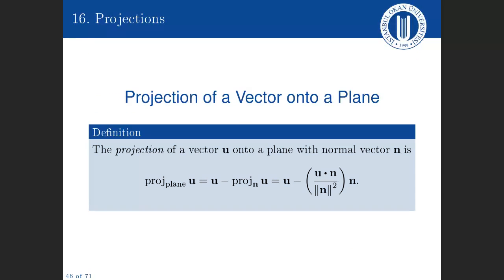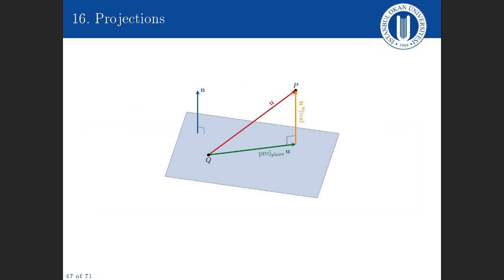Next type of projection, the projection of a vector onto a plane. Let me show you the picture first. I want to project this red vector onto the plane.